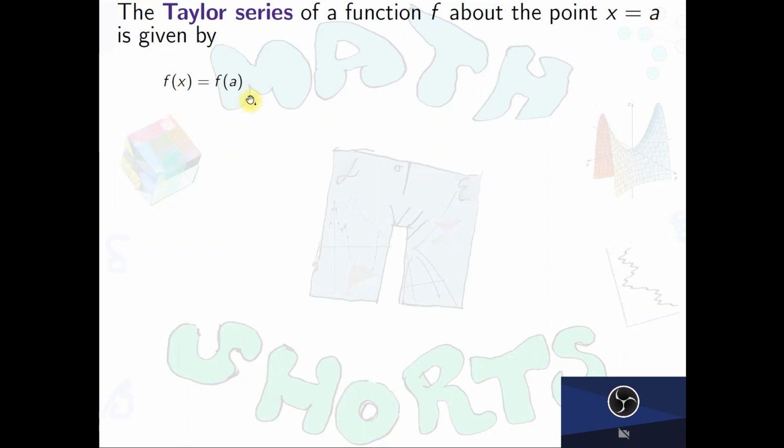Then our new function will match when x is equal to a exactly. But beyond that, it could be different. So I'm going to add in something else. I'm going to add the derivative times x minus a. If I put in x equals a, this is still 0, and I'm still at f at a, which is going to be the same.